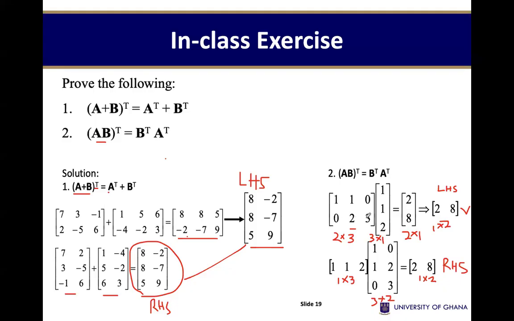The whole of this second row will become a second column here. Then what do I have? I have the B transpose here. I have the A transpose here.